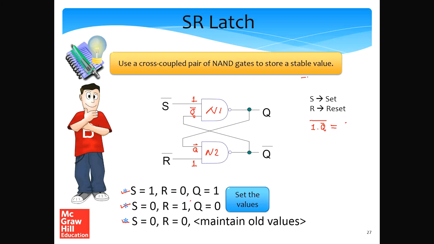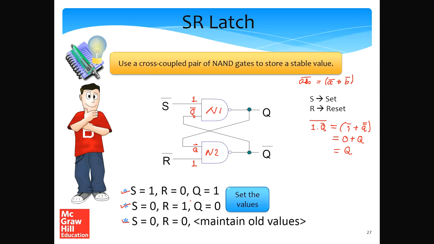De Morgan's laws basically say that A and B NAND is A bar or B bar, A complement or B complement. So using this, if you open it up, this will be 1 complement, or Q, right, so 1 complement is 0, or Q, so 0 or Q is equal to Q. Alright. So basically the output of N1 is equal to Q.